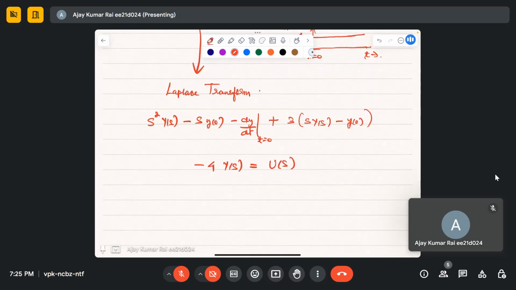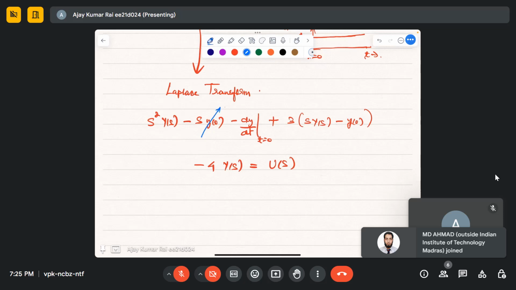The initial conditions are equal to 0, this is 0 and this is also equal to 0.